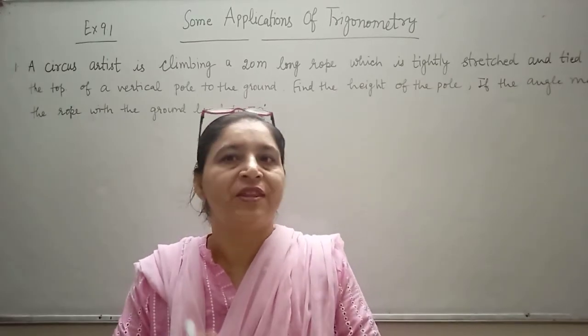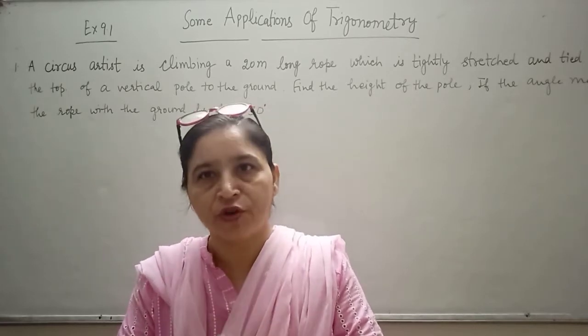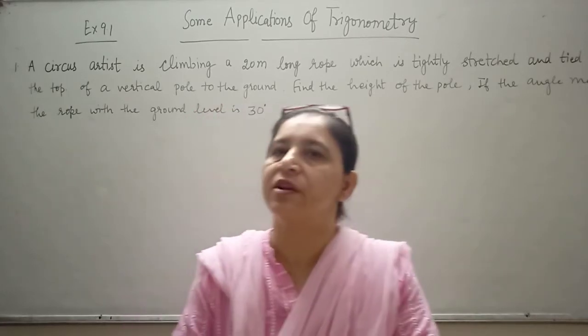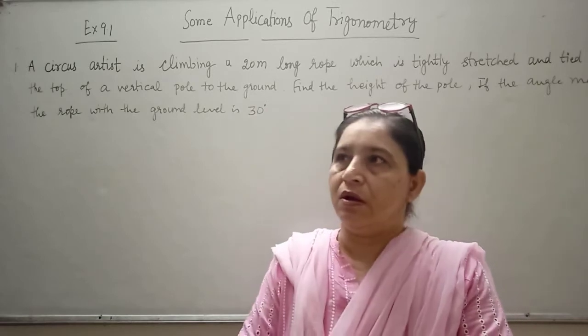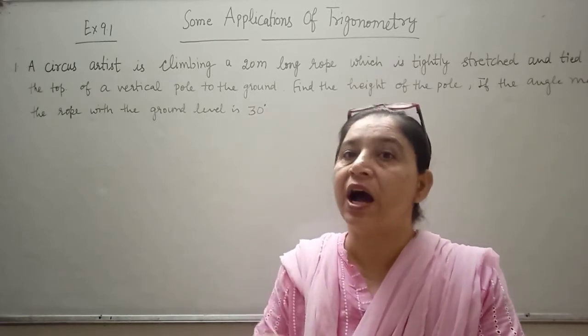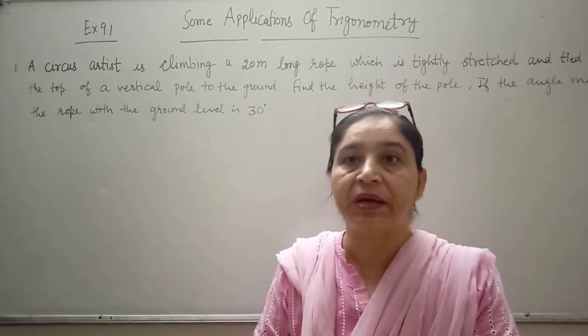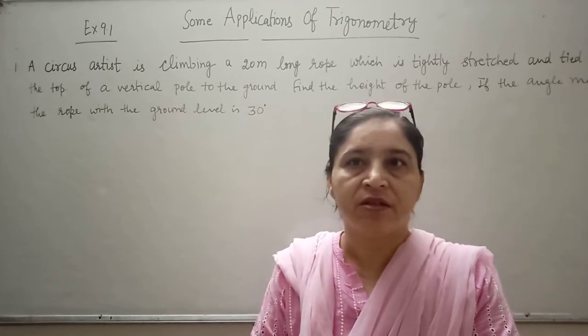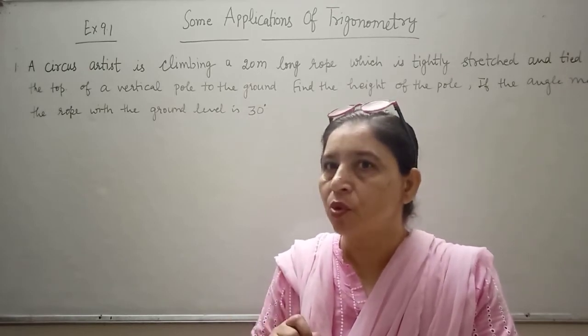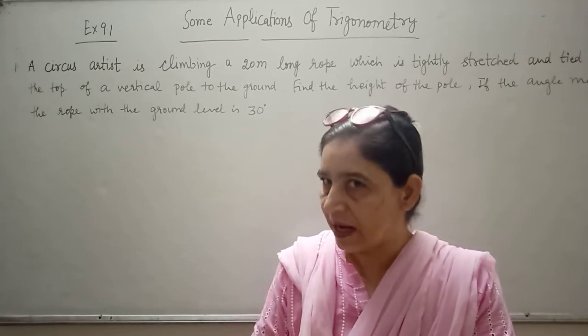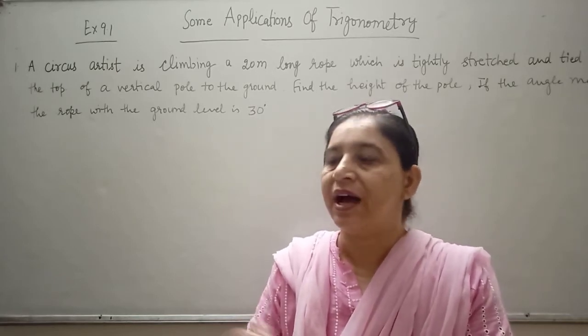Yes students, by using trigonometry we can find out the height of very high towers and buildings. For that, we must know how far we are standing from that building.